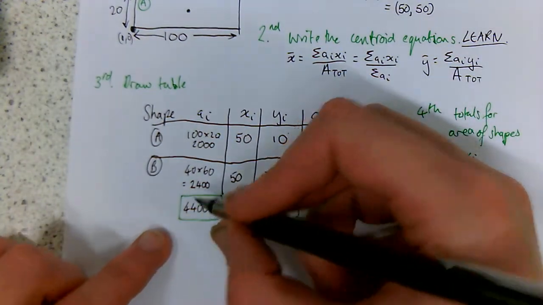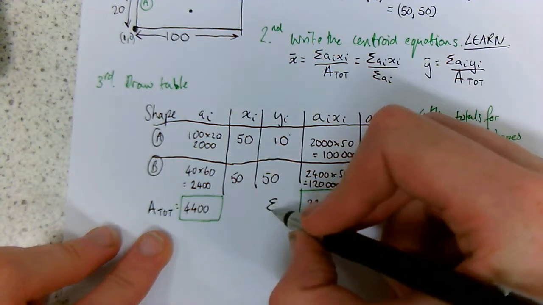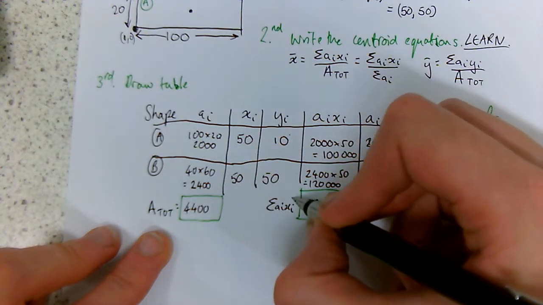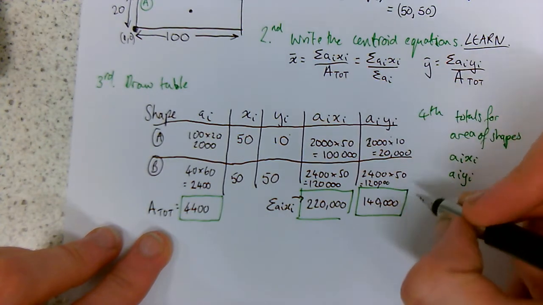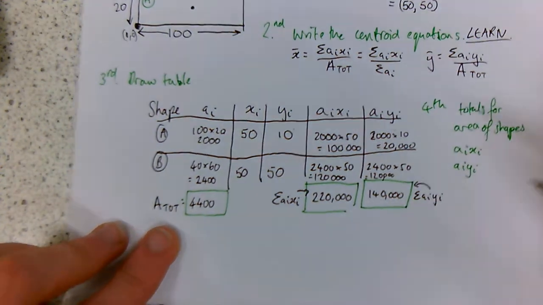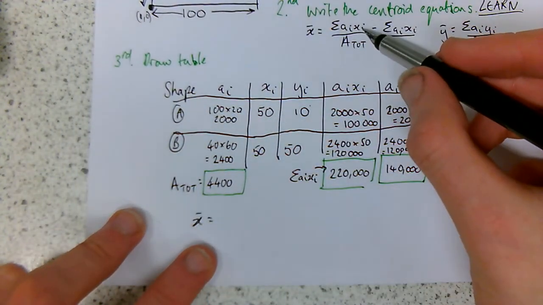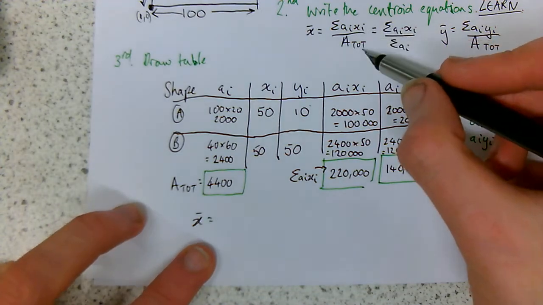Then we look back at our centroid equations. We've got now the total area. We've got the total Ai times the xi, which is this box here. We've got the total Ai times the yi, which is this box here. Our x coordinate is given by Ai times xi over A total.